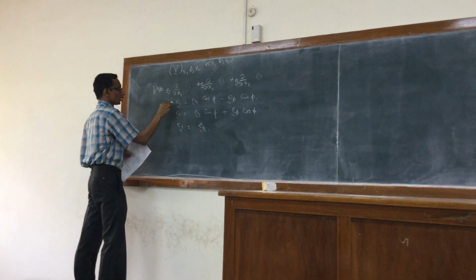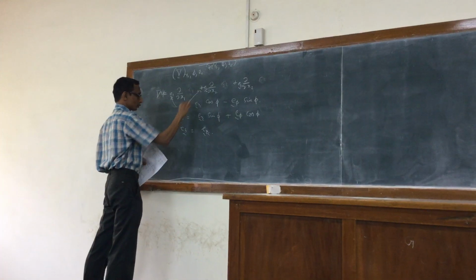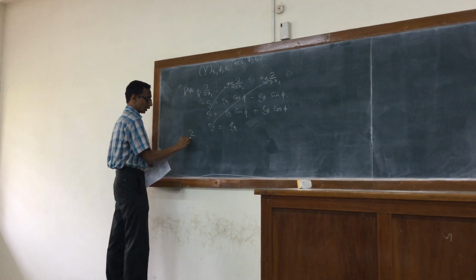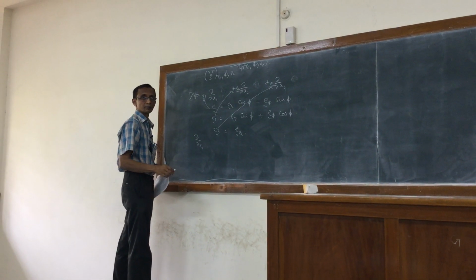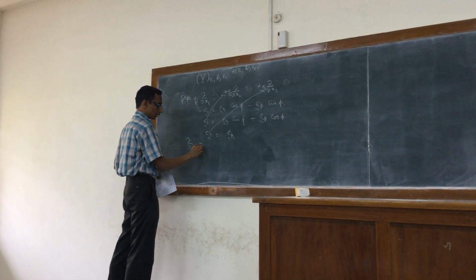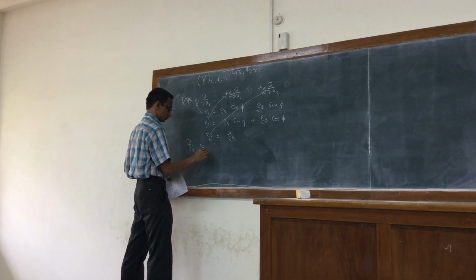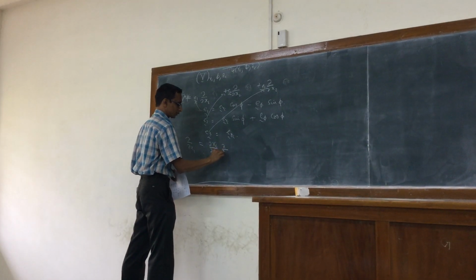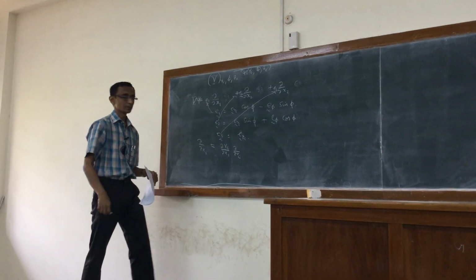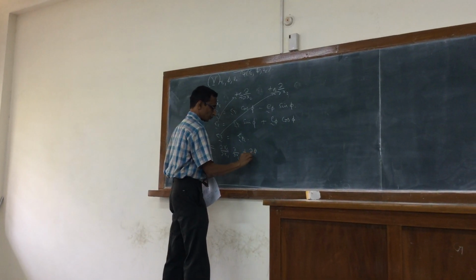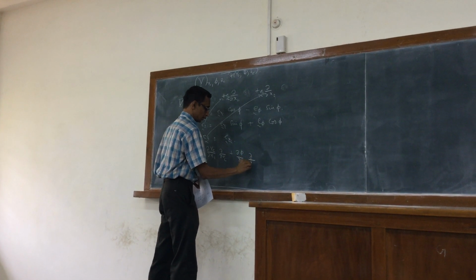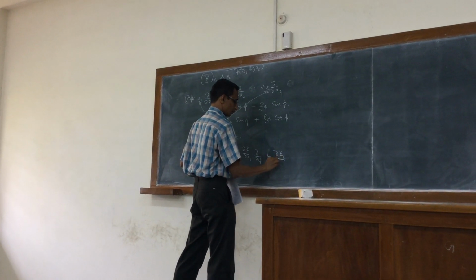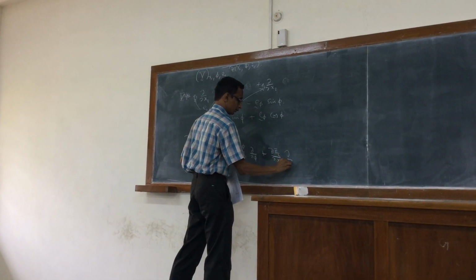So E1 I substitute here, E2 I substitute here, E3 I substitute here, and as we saw, d by dx1 can be written as drc by dx1 d by drc plus d phi by dx1 d by d phi plus dzc by dx1 d by dzc.